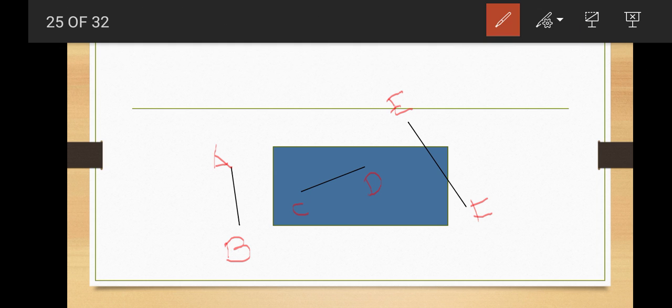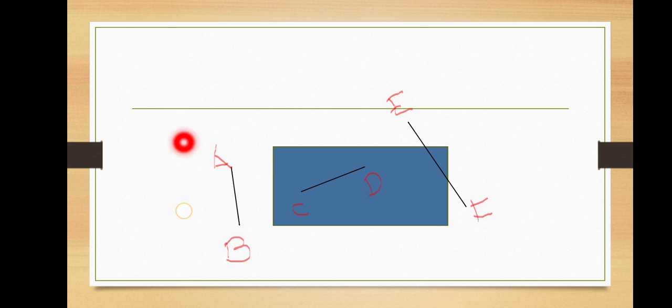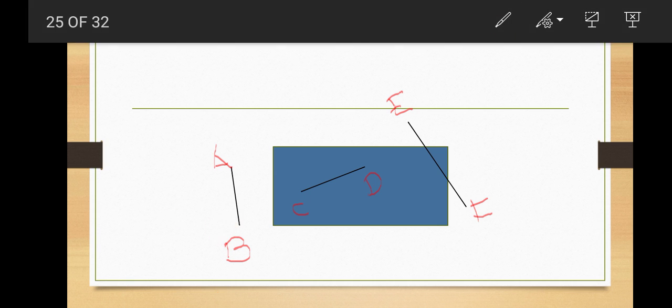If you compare the first line AB against the window, you find that line AB is totally outside the window, so we have to discard the line.